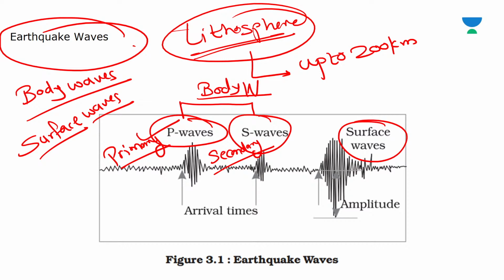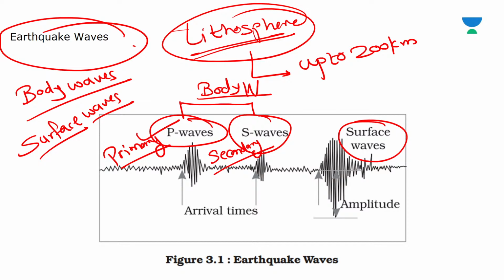Reflection causes waves to rebound, whereas refraction makes waves move in different directions. The variations in the direction of waves are inferred with the help of their record on the seismograph.